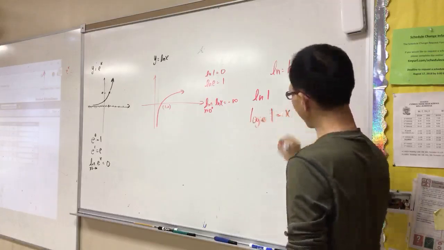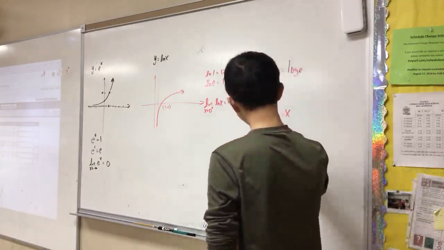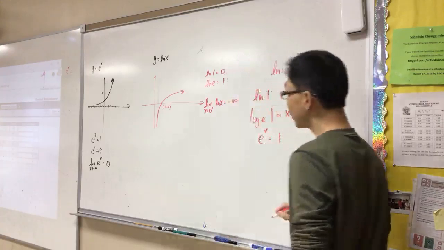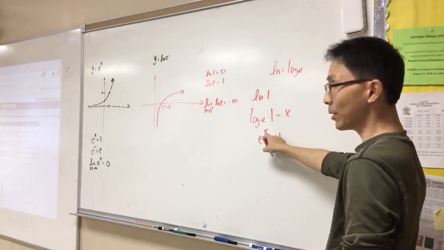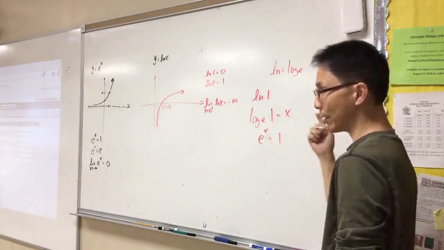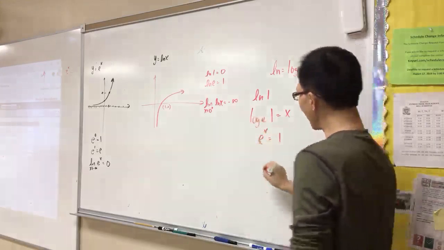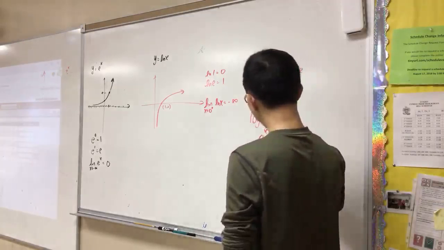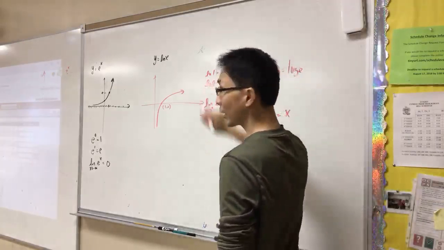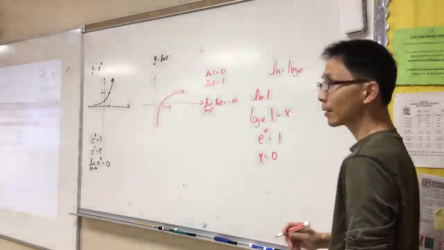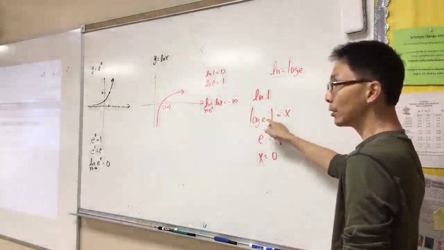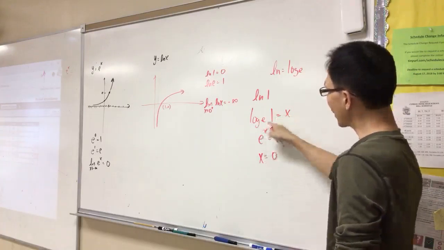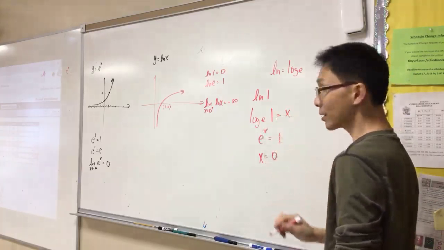Well, we're gonna say that's x. So that means e to the what value equals 1? Well, anything to the 0 power is 1. Look at that, e to the 0 is 1. So x must be 0. So that's how you get 0 here. Does that make sense? Because log base e of 1 is equal to x, e to the x equals 1, x equals 0.